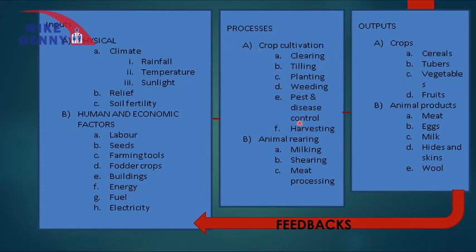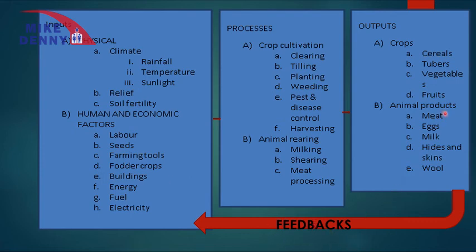That said, when you have had these outputs, you could sell them and obtain profit. And when you have the profit, you could still use the profit in buying some of these components. For instance, if you obtain money, you could use the money to pay labor, to buy seeds, to buy tools, and other things, and therefore, which is considered as feedback.